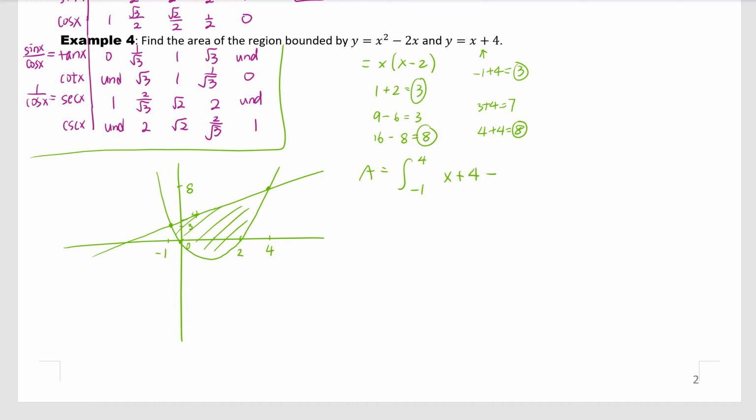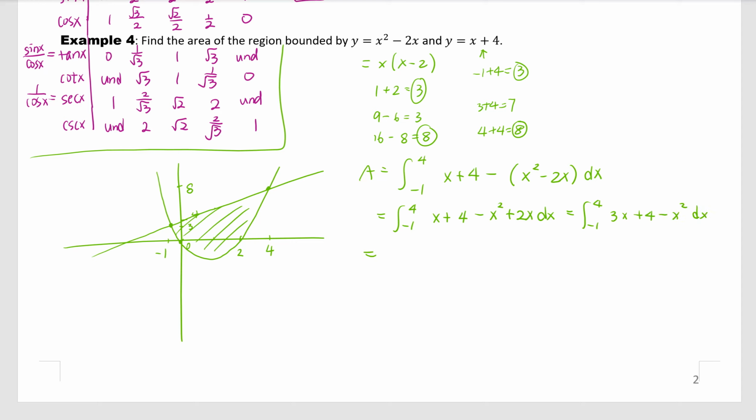The lower function is the parabola. Alright, let's distribute it. -x squared plus 2x. So we can combine the like terms together. We will have 3x plus 4 minus x squared.